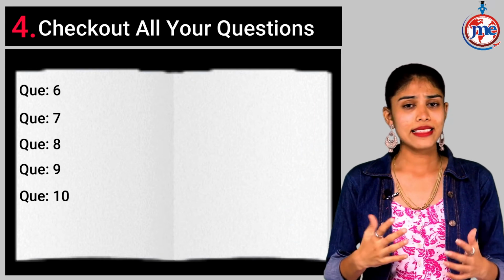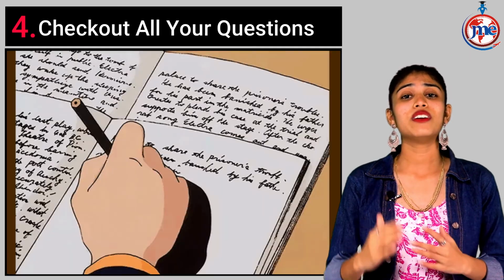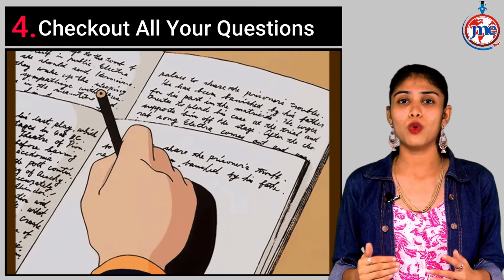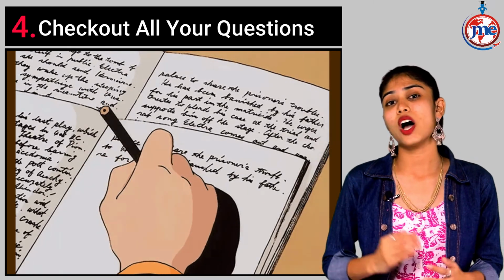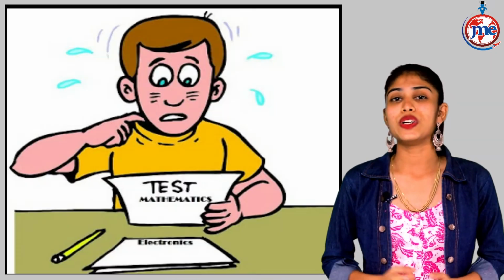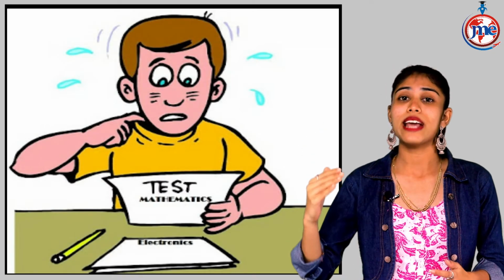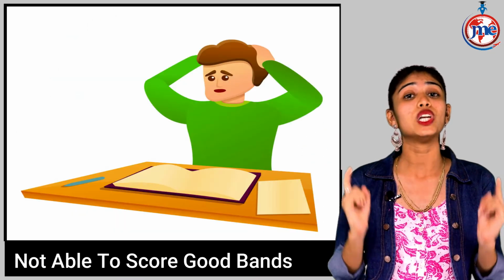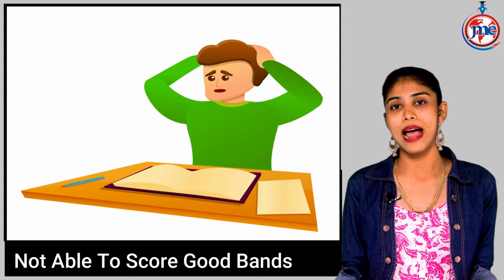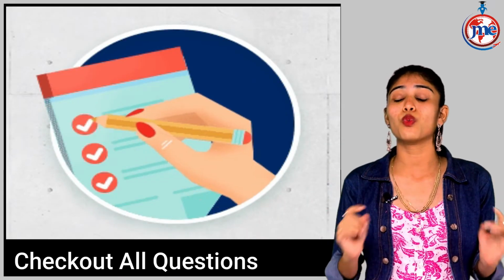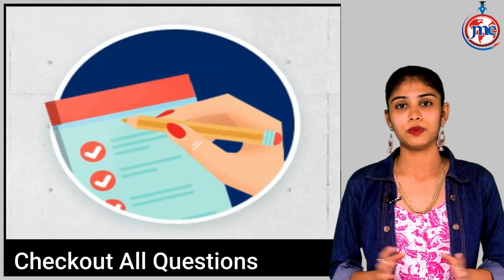They do not check that and just answer questions 1 to 5, and once the audio goes on, you cannot answer questions 6 to 10 and definitely you will not be able to score good bands. So students, it is my request that you check where all your questions are.